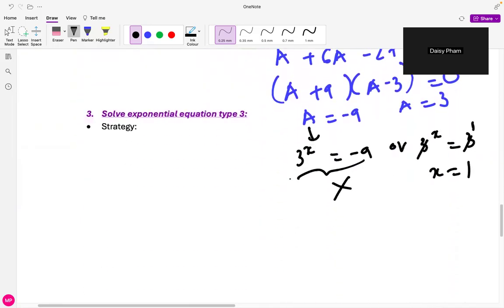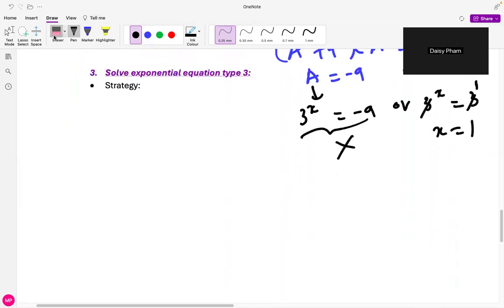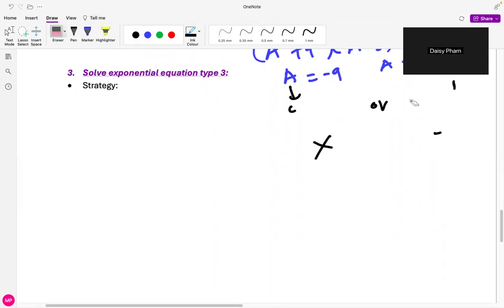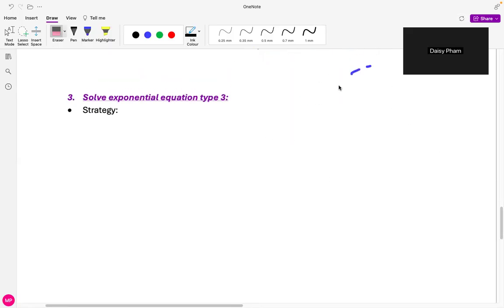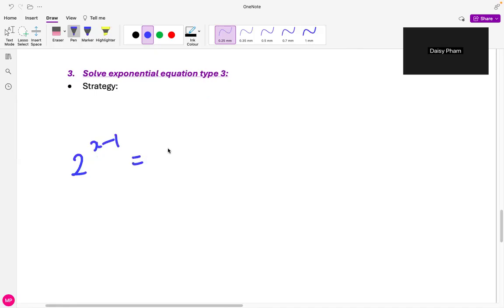Now we come to another type, which is to convert to logarithm. Sometimes it's not possible to make them the same base, or not possible to convert to quadratic. So I give you an example. If I have 2 to the power of x minus 1 equals 9 or something, it's impossible to know 9 equals 2 to the power of something by hand.